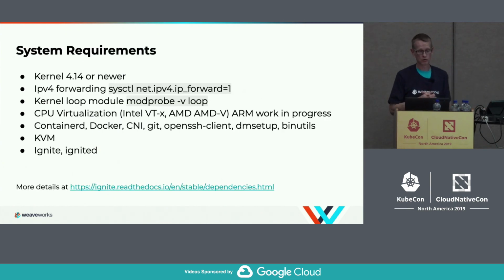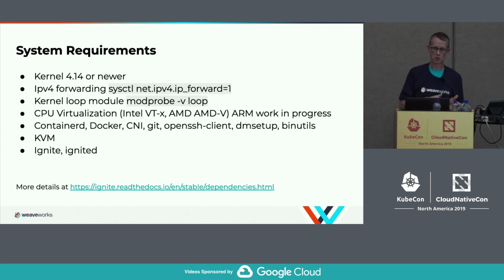We're going to hop to a demo real quick, and I just wanted to put out a few of the requirements that you have to have in your host operating system. This is up on the website, but you need a 4.14 kernel and IP forwarding. The key one here is CPU virtualization, because we're going to leverage KVM and the CPU virtualization in order to run the Firecracker VMs.